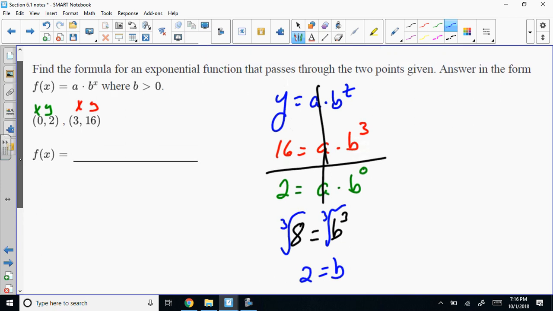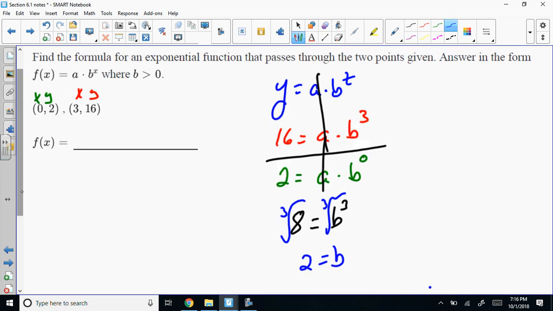Now we need to find a, right? a is the y value when x equals 0. It's the initial value, the zero term is what they say. So if we have that, that's great.